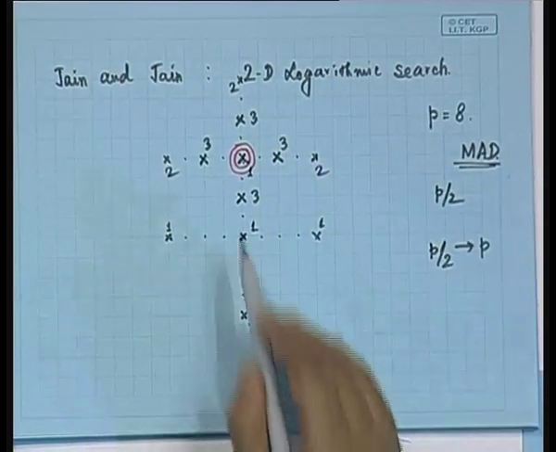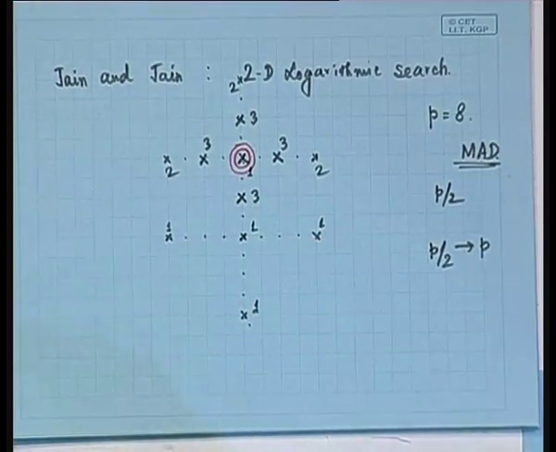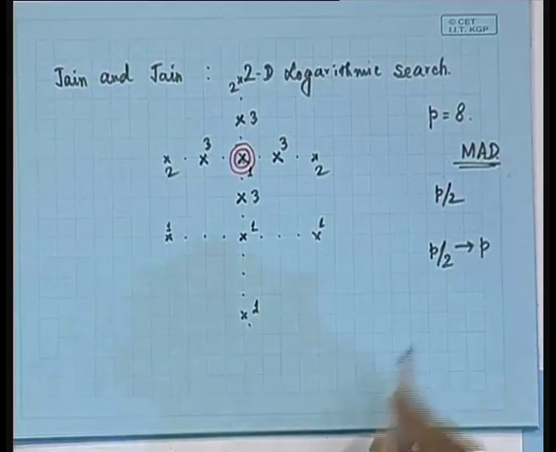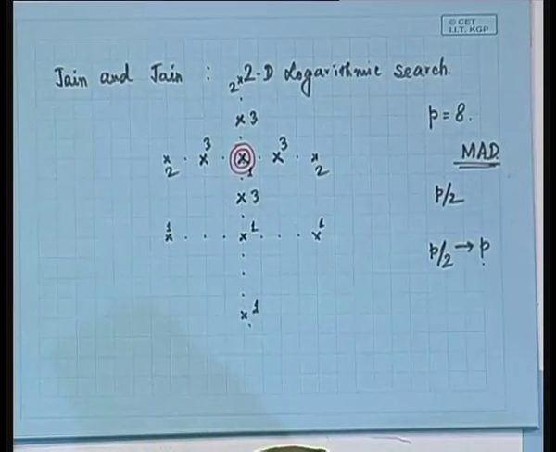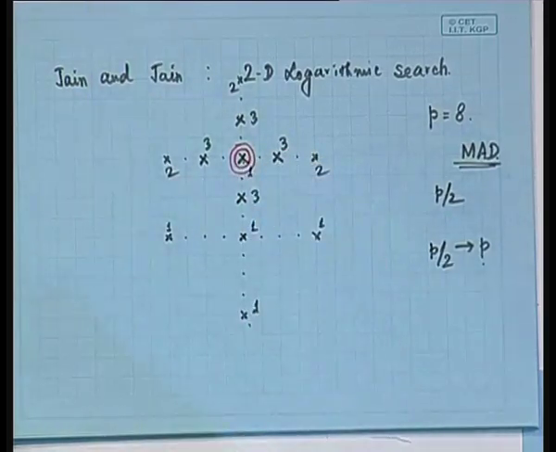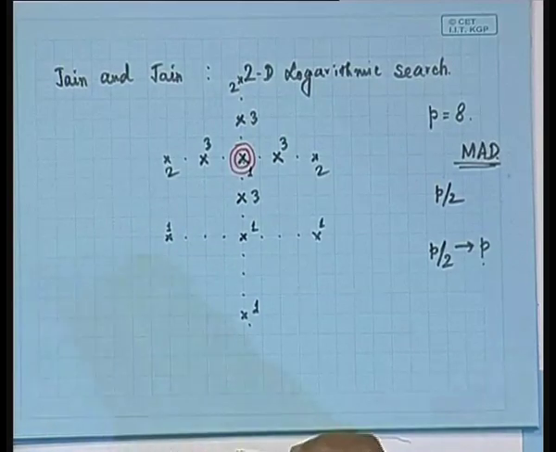So, these 4 positions plus the center one's value, out of these 5 we decide whichever is the minimum. If the minimum happens to be something other than the center, we continue this search taking the same old value of p. But every time the minimum happens to be the center, we reduce p by a factor of 2.